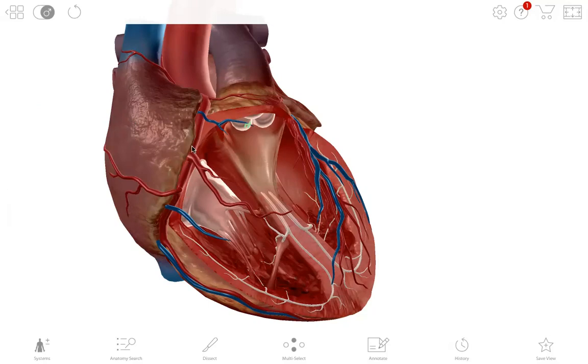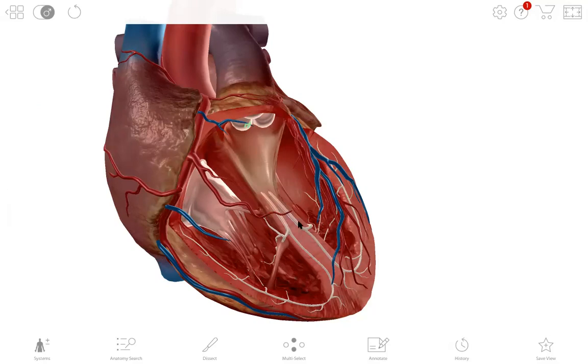The AV node collects these impulses, then through the membranous part of the interventricular septum, the bundle of His, it divides into two branches: the left bundle branch and the right bundle branch.